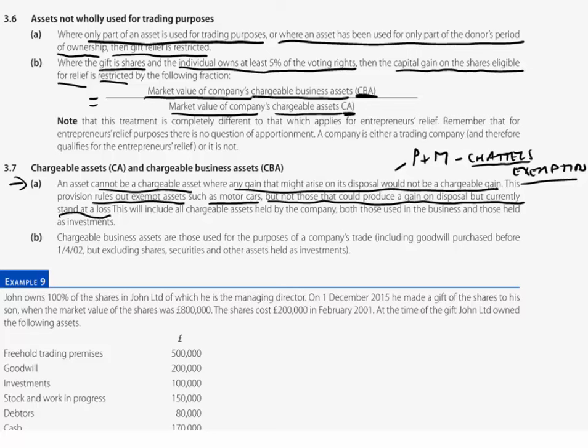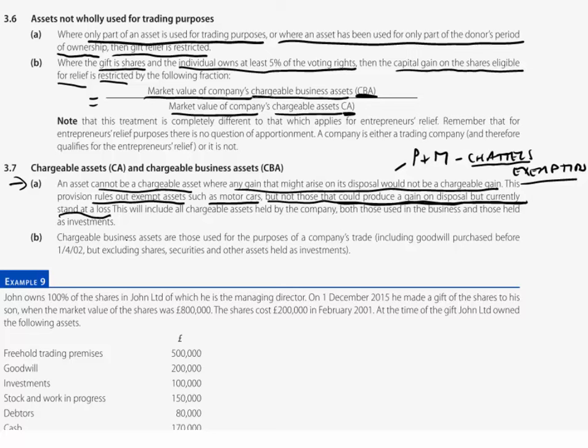But we will know that although it may stand at a loss, we would still be including this as a chargeable asset. So we have said this provision rules out exempt assets such as cars, but it does not rule out those assets that could produce a gain, but like plant and machinery is currently standing at a loss.